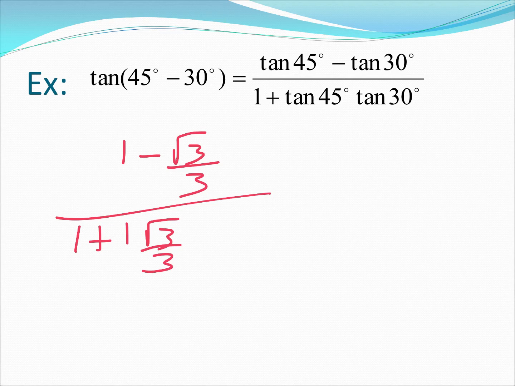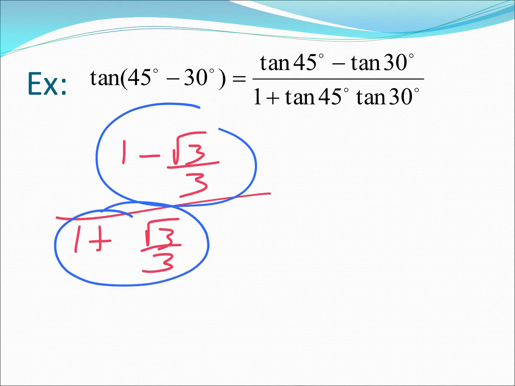My 1 in my denominator doesn't really need to be there, so I'm going to get rid of that. And my next step is to combine both my numerator and my denominator into a single fraction instead of two different fractions. And I'm going to do that by multiplying by a common denominator to begin with.